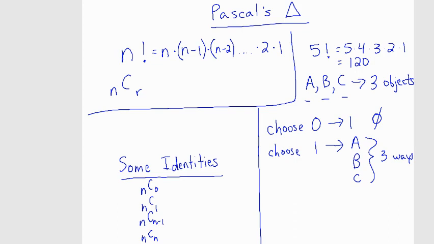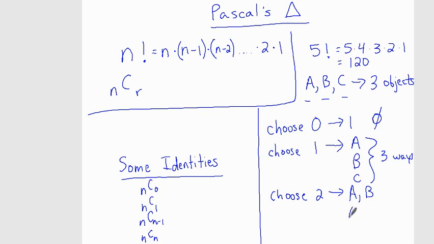Okay, so let's talk about choose 2. And now I'm using the word choose. Choose is the word that's often associated with combinations. I'm choosing them, so these words kind of go hand in hand. So I've got a list of A, B, and C, my objects, and I want to choose 2 of them. Well, in this same mindset, I could choose A and B. So now I can choose 2 at the same time.